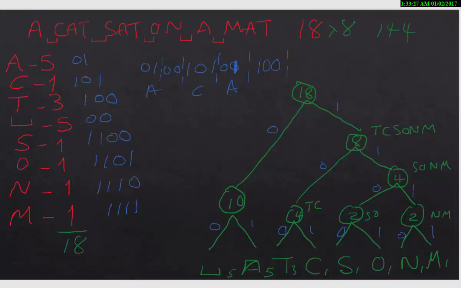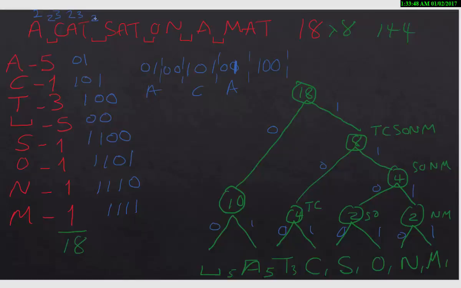So 2 bits for that, 3 bits for that, 2 bits for that, 2 for A, yeah, 3 for T, that's correct, and 2 for that, 2 for that.